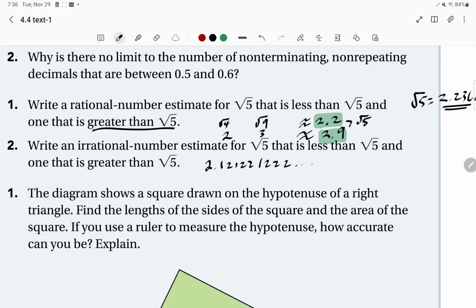So that would be an underestimate. And then one that is greater than that, let's go off of like 2.9. It just has to be greater than this. So 2.912764139814, and so on. Just something that does not repeat will work for that one.